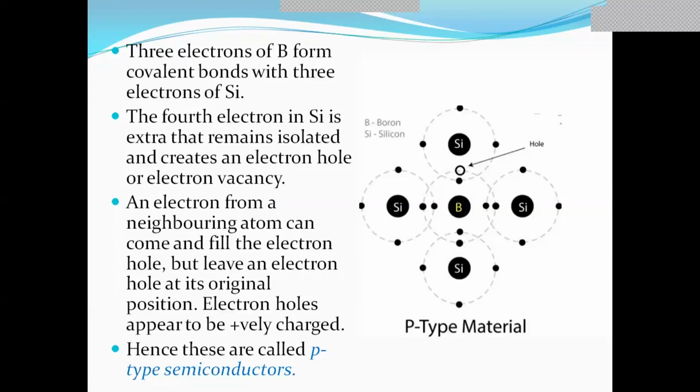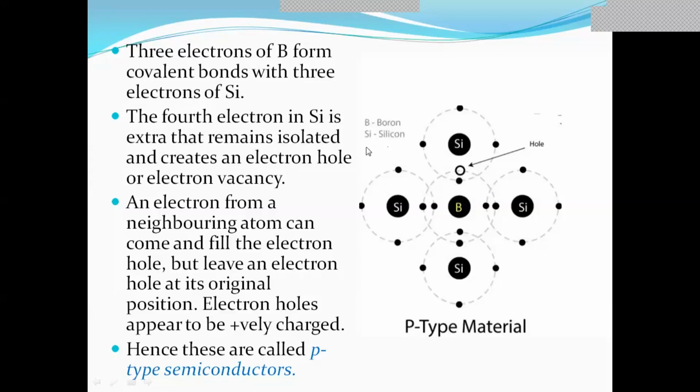And usually when such type of doping happens, neighboring electrons of silicon atoms try to come and occupy this hole, forming a bond between silicon and boron.